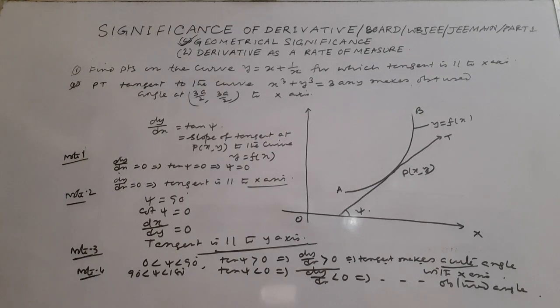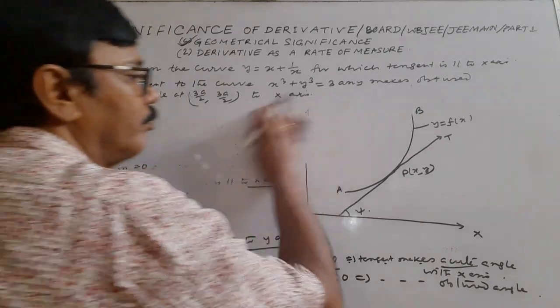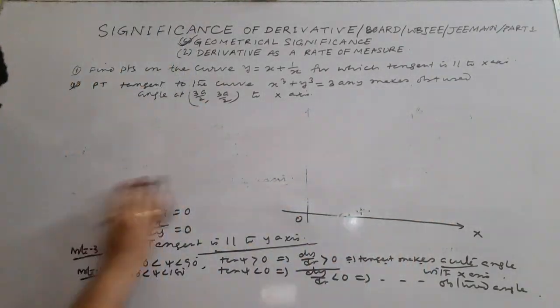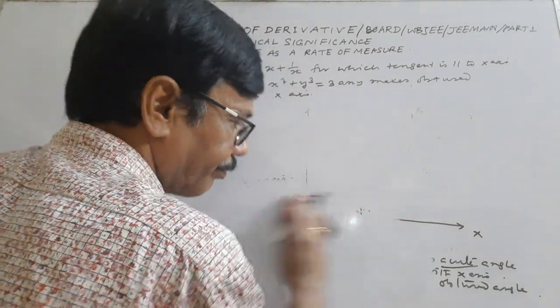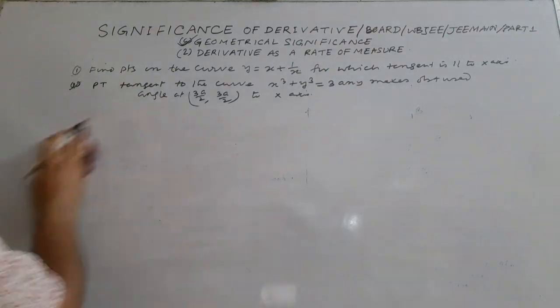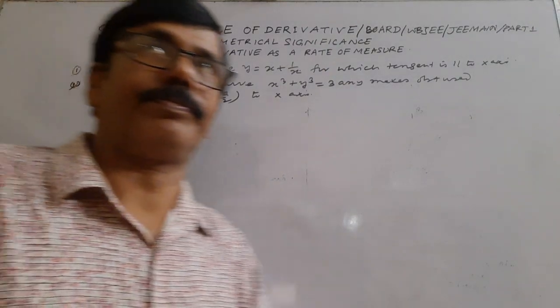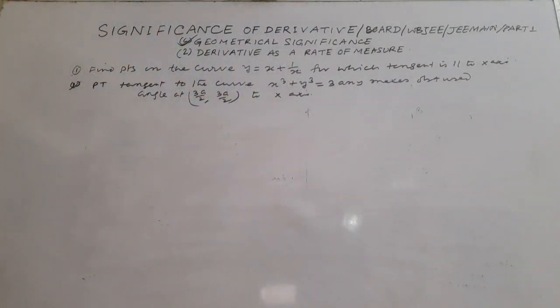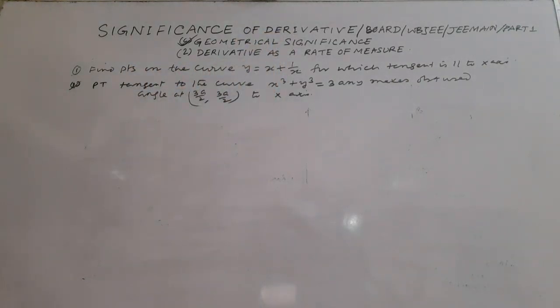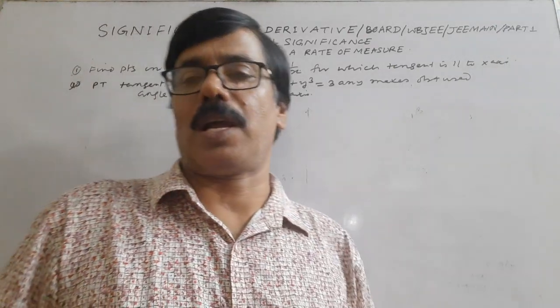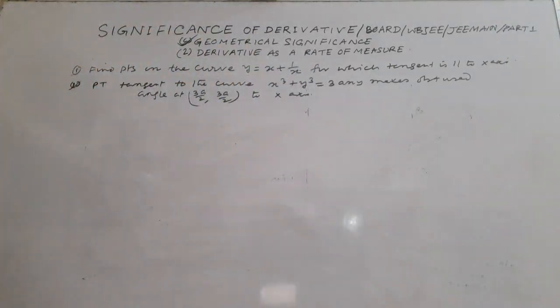Now, application. Find points on the curve y equals x plus 1 by x for which the tangent is parallel to the x-axis.